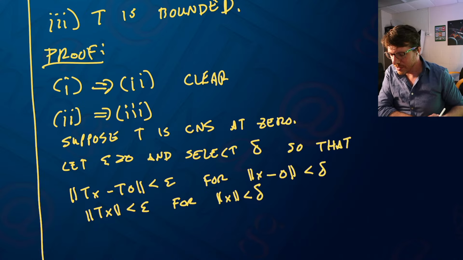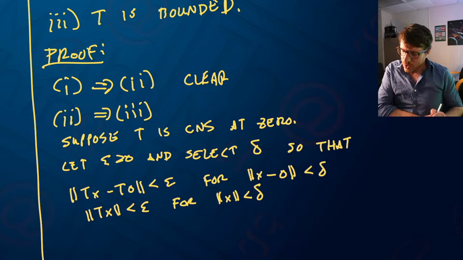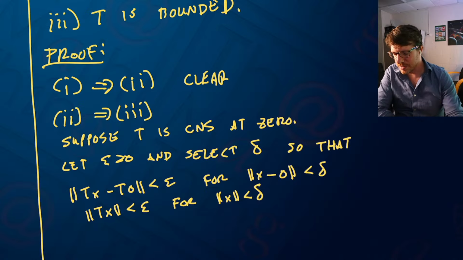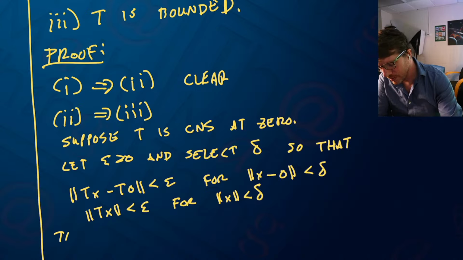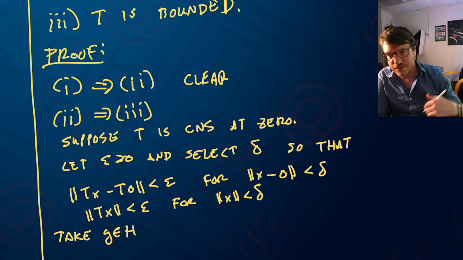And so we're going to, let's see, how am I going to do this? All right, so what we're going to need to do is take an arbitrary y inside of our H, and shrink it down until it's inside of that delta ball.